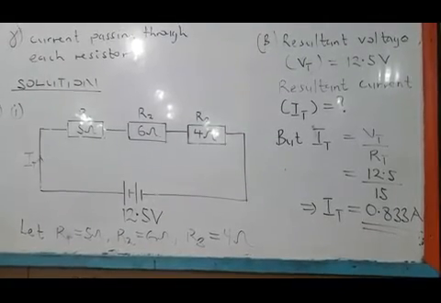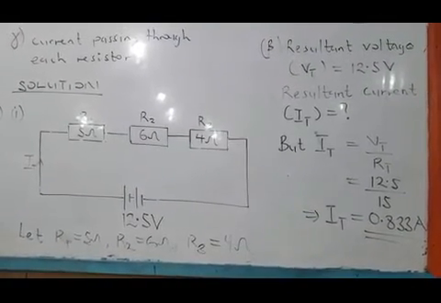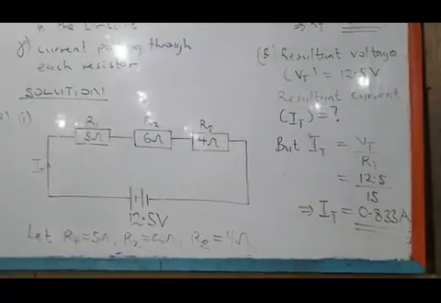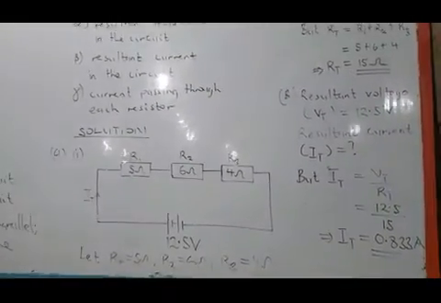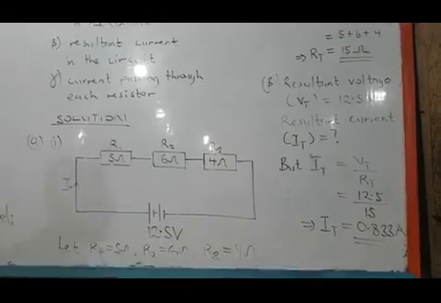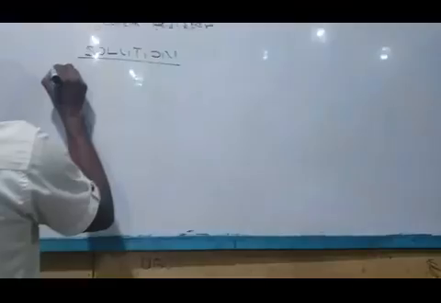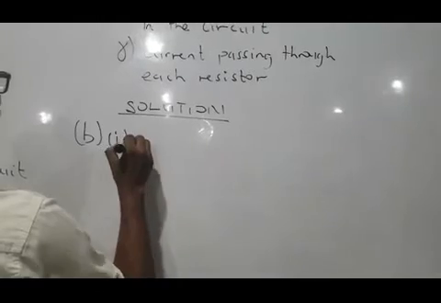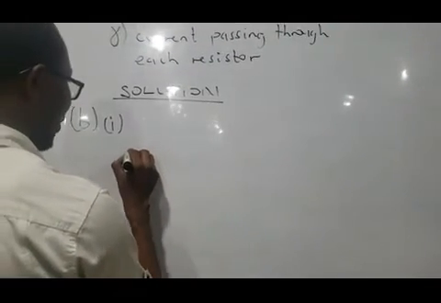Question A. Let's quickly look at the B part, the case where the resistors are connected in parallel. So for the B part, we are looking at a parallel connection of 3 resistors.